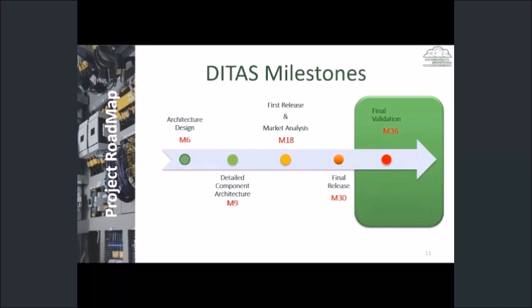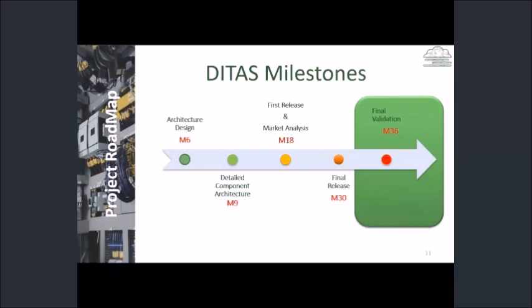As you can see, this roadmap, the project starts with a design and specification phase that produces the design of the DITAS architecture that we release early in the project. And this also produced the detailed components specification. After this initial phase, the project was divided in 2 major development cycles.